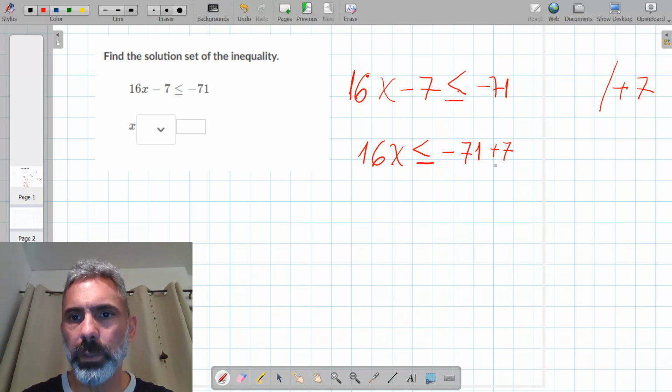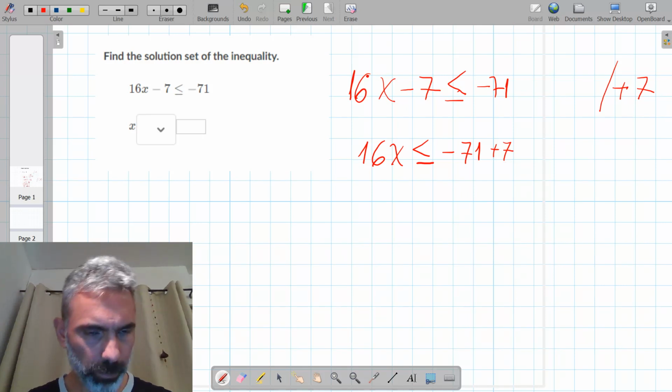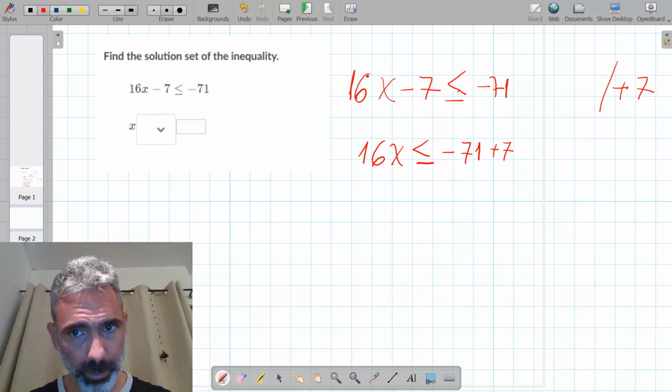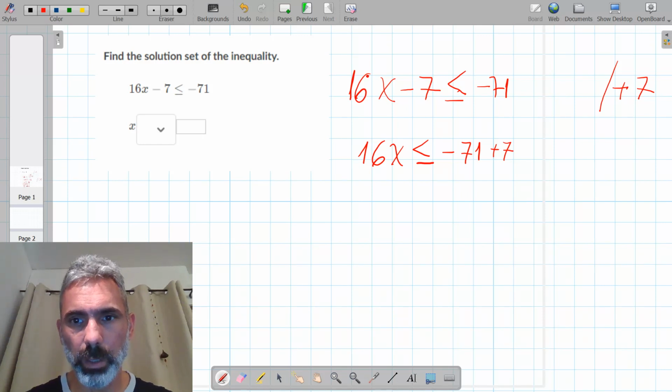Okay, the difference, one is negative, one is positive. So the result is the difference between the two. 71 minus 7 is 64, and the result is negative because 71 is greater. So minus 71 plus 7 is minus 64.